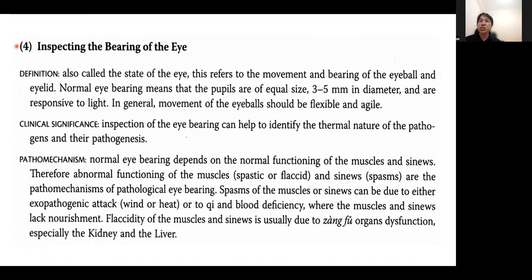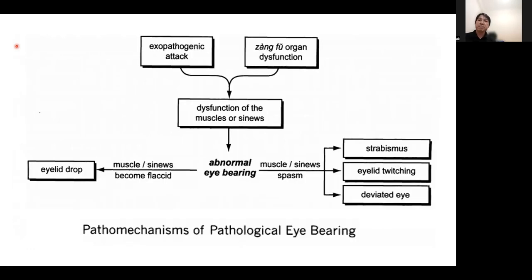Spasm of muscles or sinews can be due to either exopathogenic attack, wind or heat, or to qi and blood deficiency, where the muscle and sinews lack nourishment. Flaccidity of the muscles and sinews is usually due to some organ dysfunction, especially the kidney and the liver. So we can see the pathomechanism of pathological eye bearing.